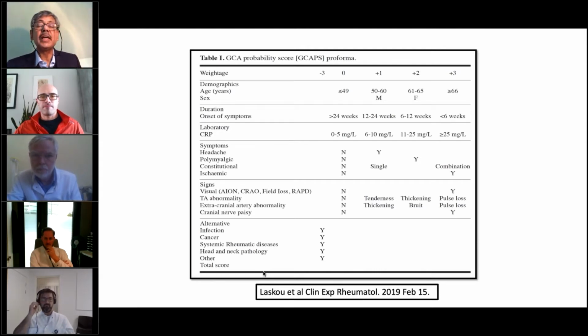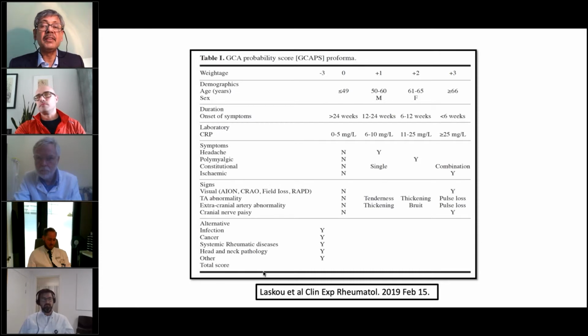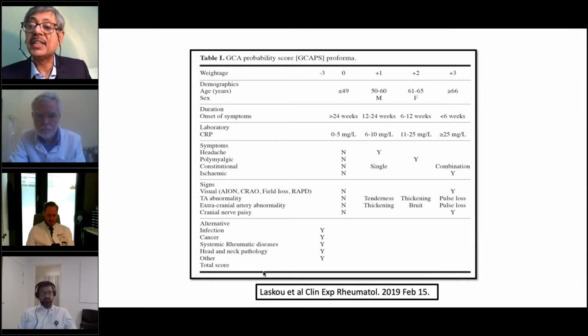So what we do at the moment at Southend is we have developed a GCA probability score, and this has been published, and it essentially is based on giving different weightage, 0, 1, 2, 3 positively, to demographic factors, to the mode of onset of the disease, to laboratory levels of CRP, to symptoms, to signs, and most importantly, and this is, I think, the major contribution of this score, we give negative weightage to patients who may have alternative diagnoses.